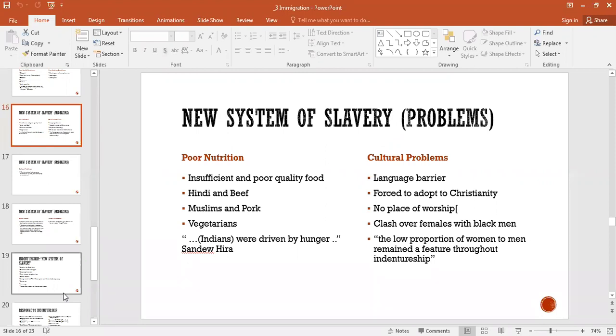Another problem that you're going to face is cultural problems. You're coming from India. India had several different languages, a lot of different languages. Same thing with the Chinese coming with their language, and they're being brought into territories that are mostly English speaking, and not only English speaking, but Patois, Creole.